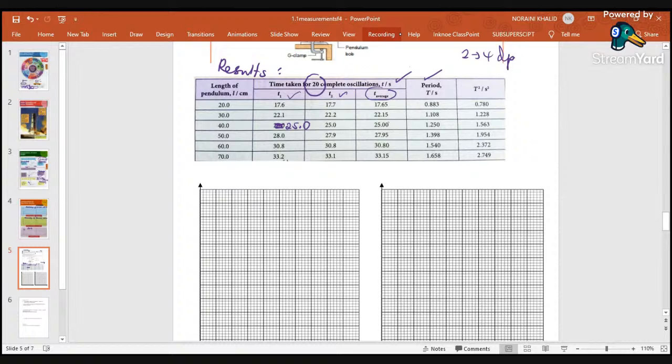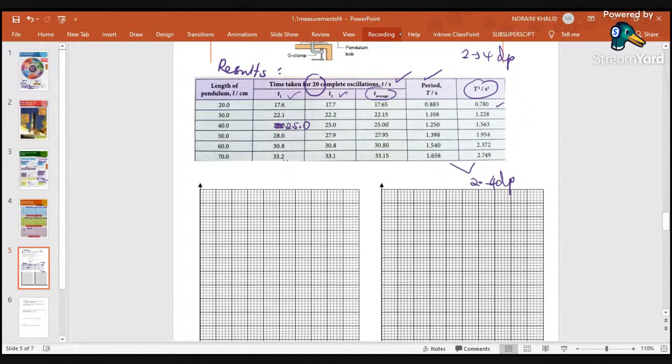So we get all the readings for period T. And then calculate T squared, just press the button. This one we call secondary data, so 2 to 4 dp.